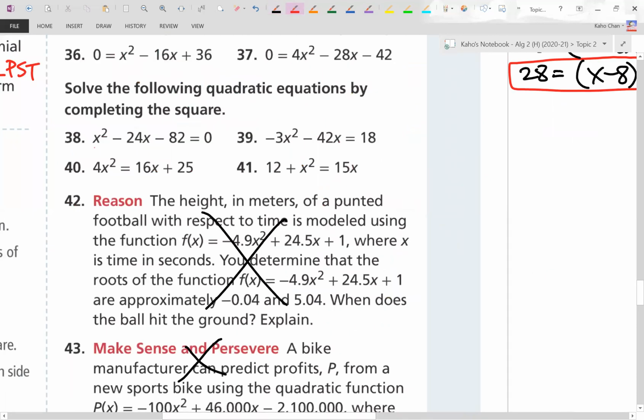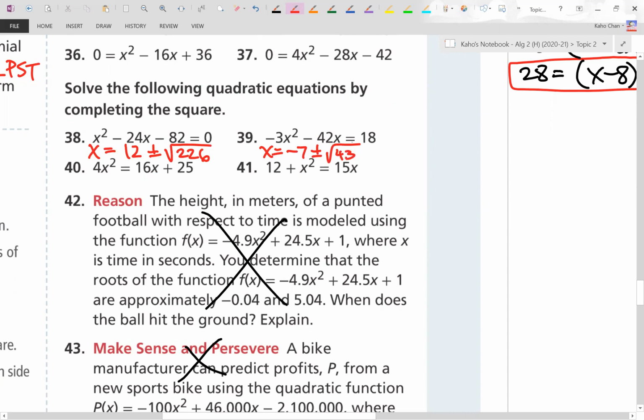Here they are. Number 38, x equals 12 plus or minus, yes, we're going to get radicals here, the square root of 226. Nice. Number 39, the answers are x equals negative 7 plus or minus the square root of 43.